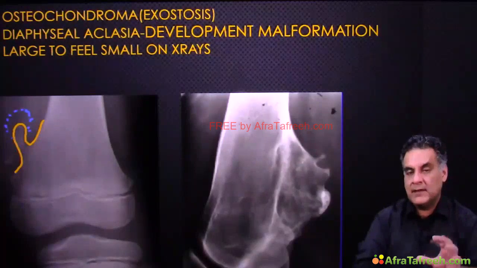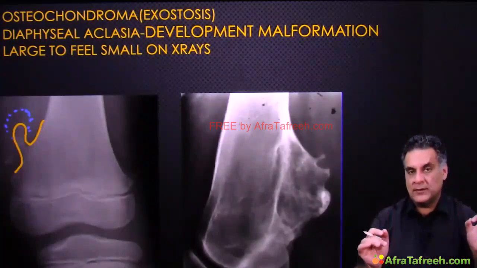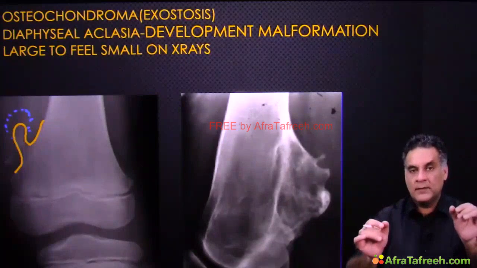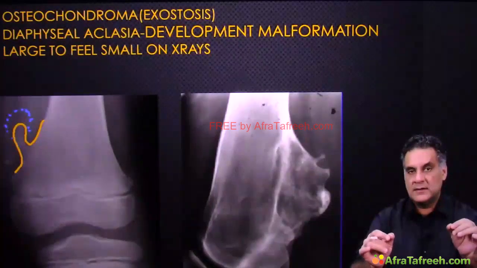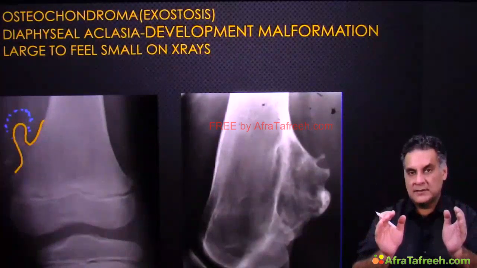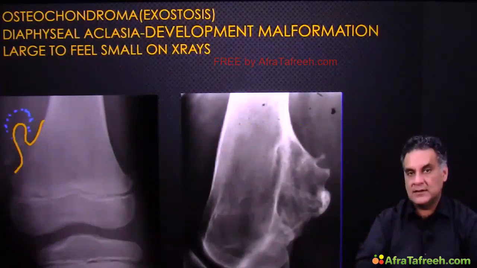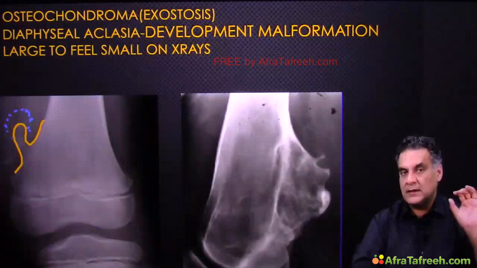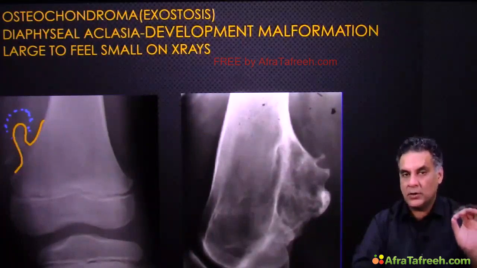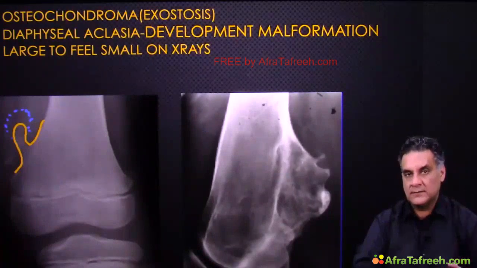That is why when you touch this osteochondroma, you will feel the bone and the cartilage. When you take an x-ray of it, you will only see the bone. You will not see the cartilage. That is why they are large to feel, small on x-rays.